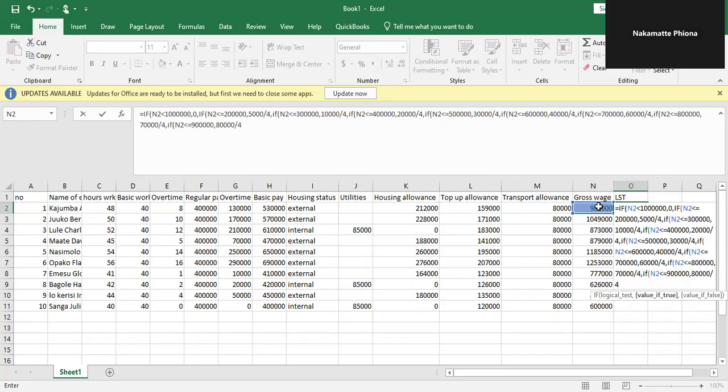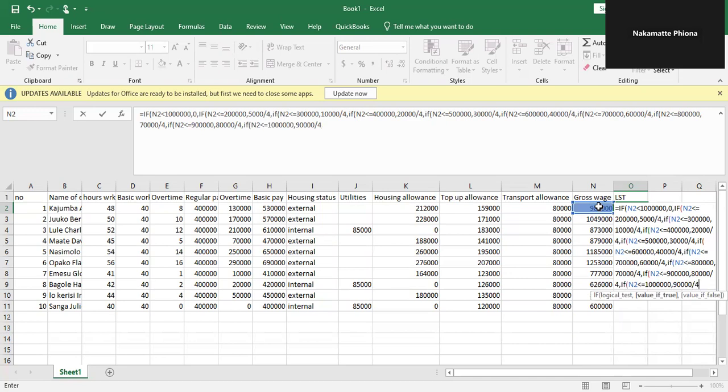If gross wage less or equal to 1 million, comma 90,000 over 4.